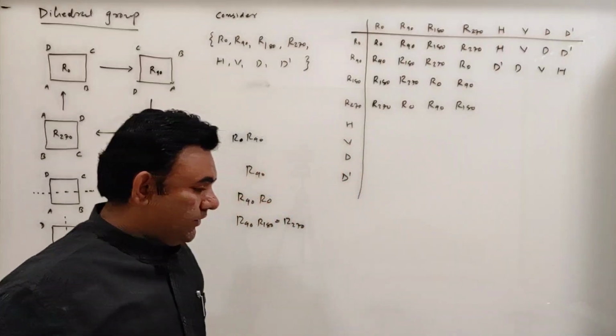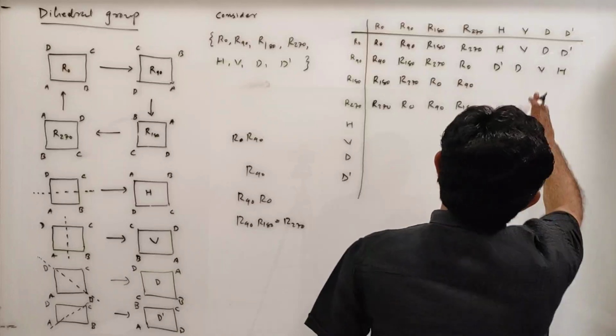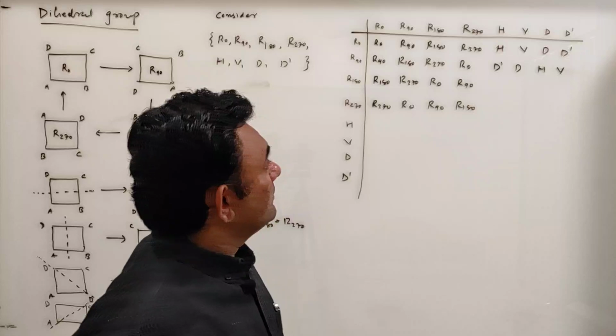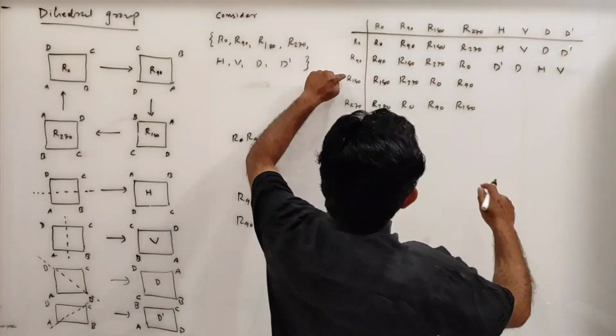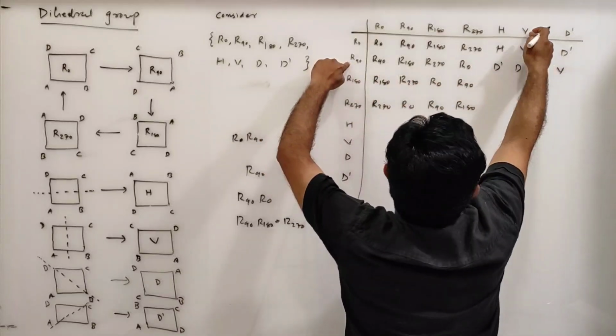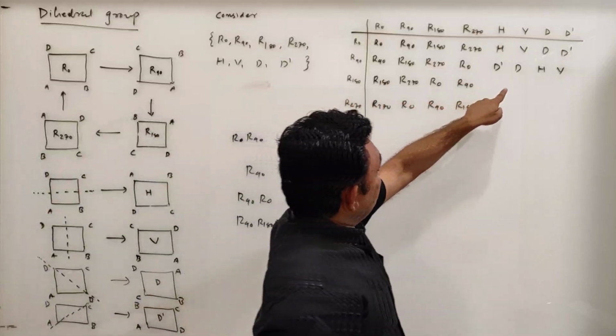D dash D V, D dash D HV, sorry, D dash. R90 into H will be D dash, R90 into V. You have to calculate like this first, then you can fill this.